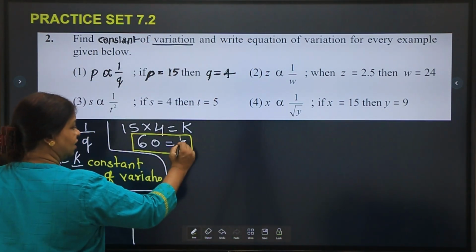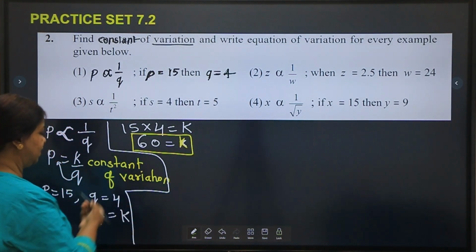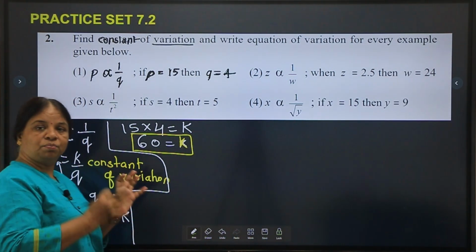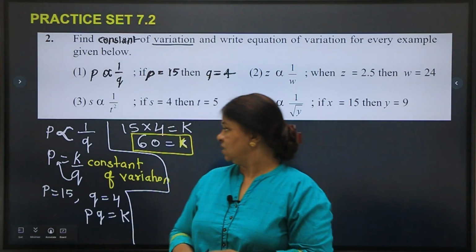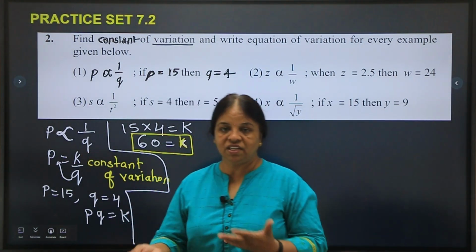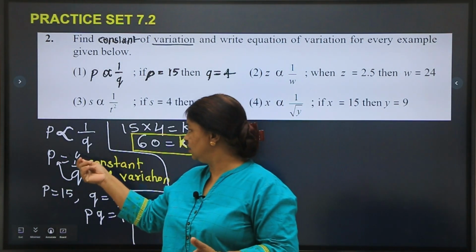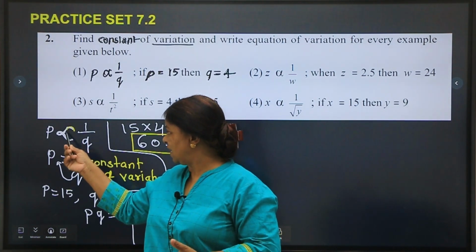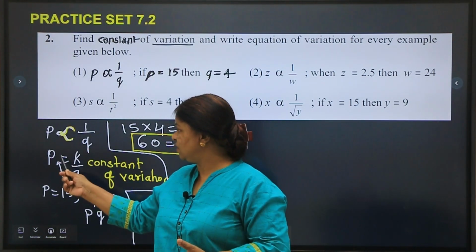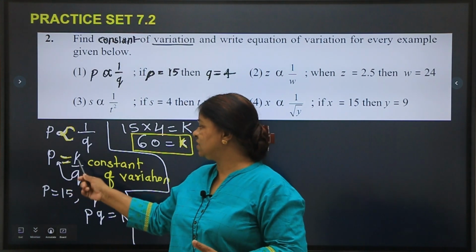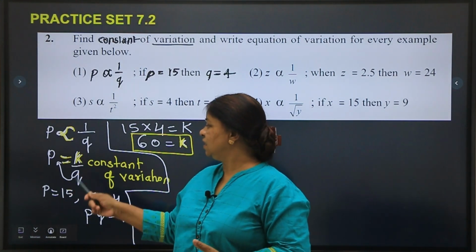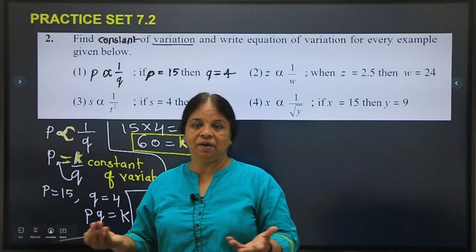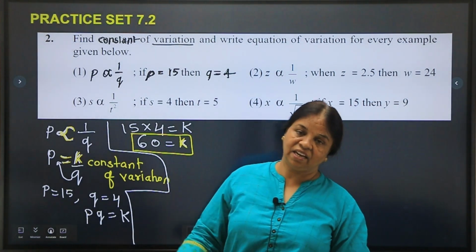Now, once we get the constant of variation, let us write the equation of variation. This is a very important thing, children. Once variation is there, go for the removal of the variation sign and put equal sign. And when you put equal sign, introduce the constant, and then if it is inverse variation, multiply; if it is direct variation, then divide.